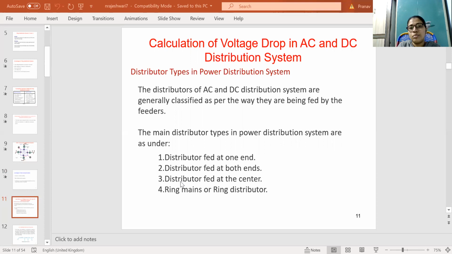The main distributor types in power distribution system are as given below: distributor fed at one end, distributor fed at both ends, distributor fed at the center, and ring mains or ring distributors. These are the four main distributor types in power distribution systems of both AC and DC.